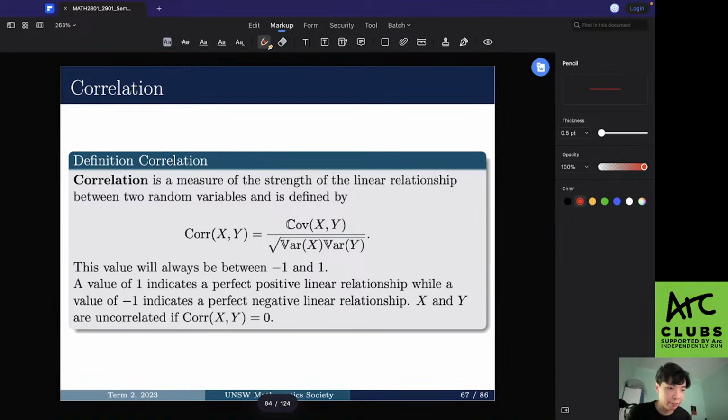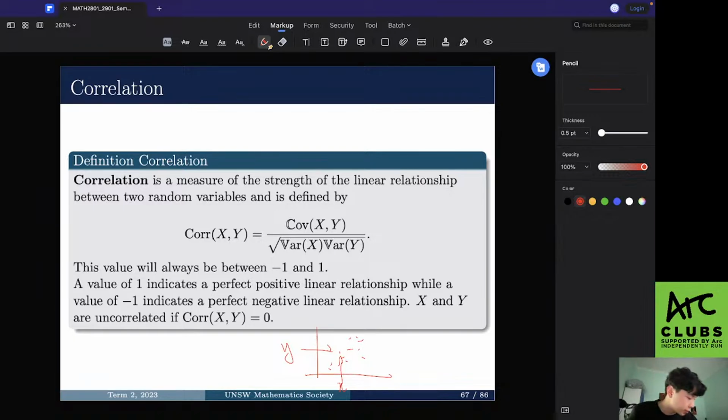And the last thing for bivariate is correlation. What is correlation? It's just a measure of, given two random variables and having them plotted out as points, where each point represents the y value you get as well as the x value you get from the two random variables.